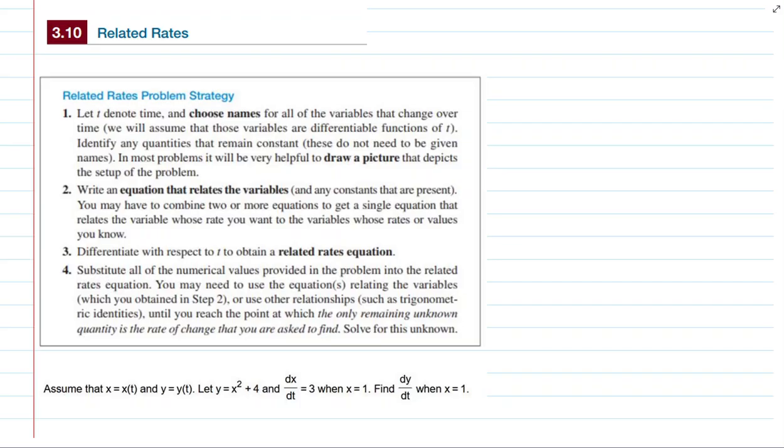So we're going to have an inclusion of small changes, and reading is going to be very, very important, which is why I had this one printed out. So we're going to let T denote time. Bam, there it is. Everything that we're going to be doing is changing. Everything. The volume, the radius, the height, the base, everything is changing.